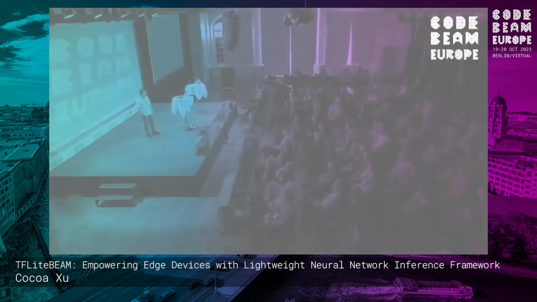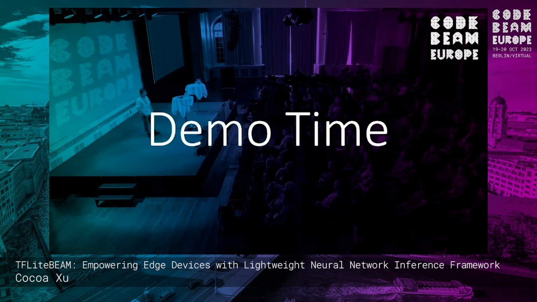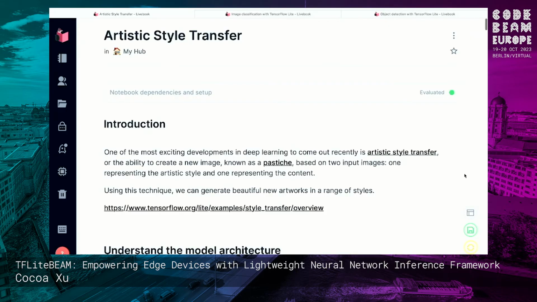Now I'll show you 3 demos. The first one will be artistic style transfer, the second one will be image classification, and the last one will be object detection. Let's look at the first demo, artistic style transfer.